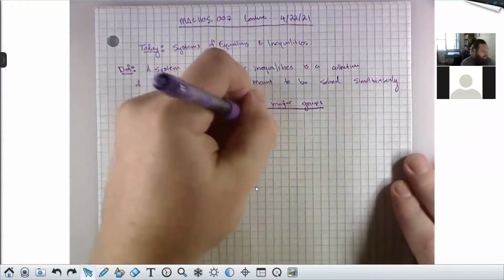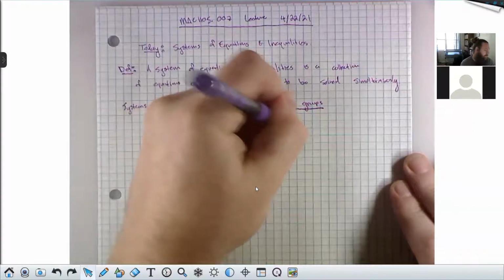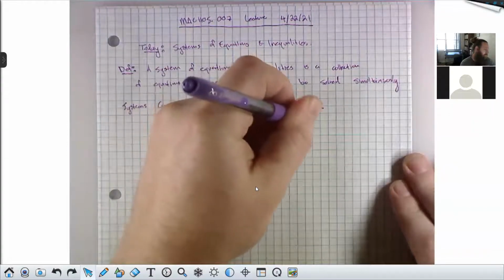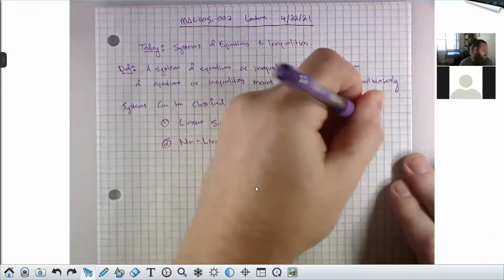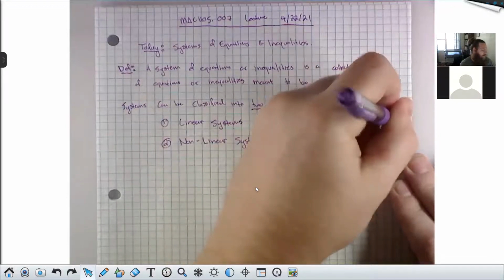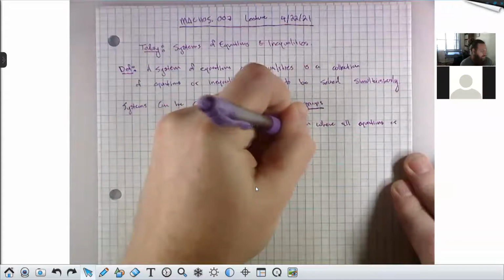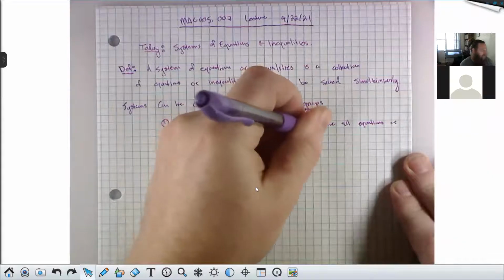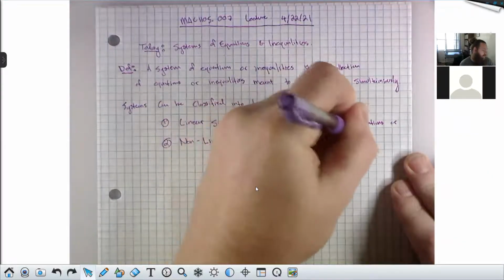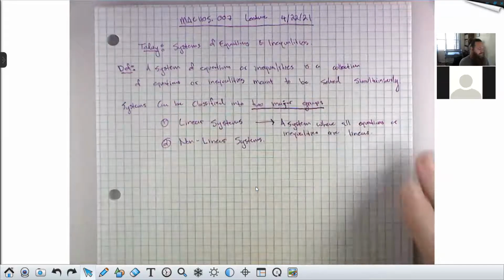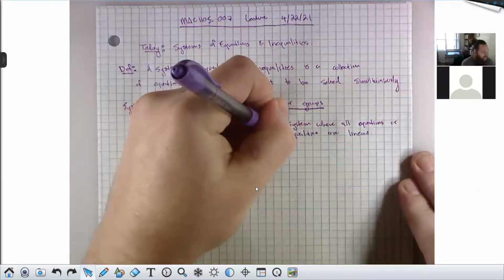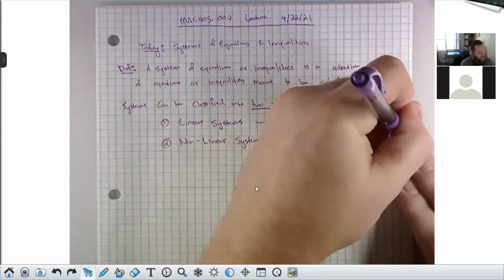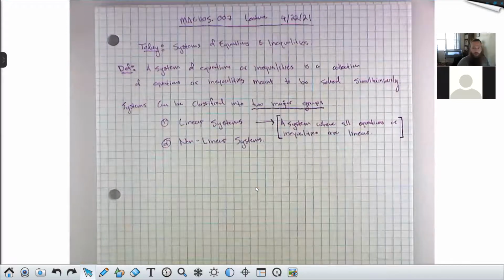So a linear system is a system where all the equations or inequalities are linear, right? Meaning the variables only show up raised to the first power upstairs, never under a radical, never downstairs in a fraction, never with a power of 2 or 3 or anything like that.